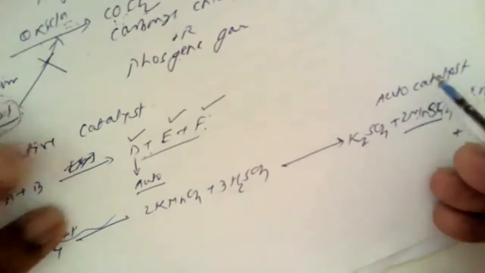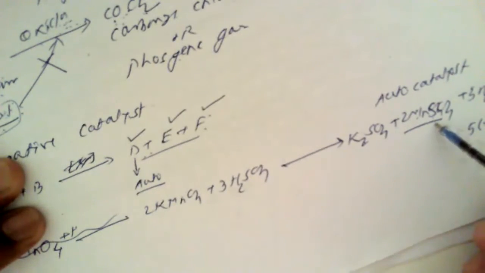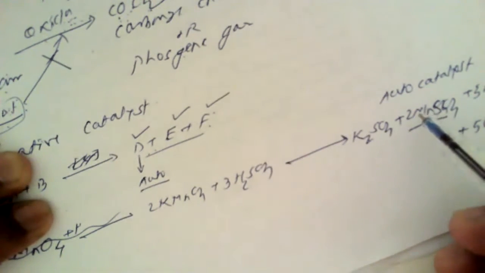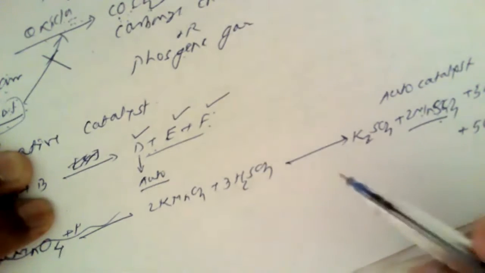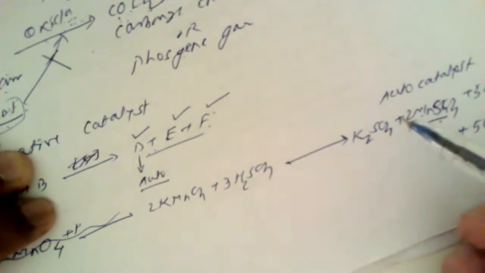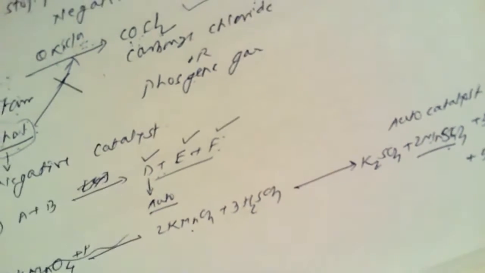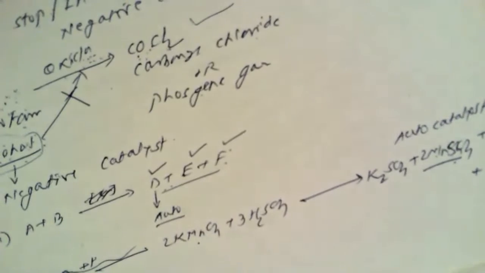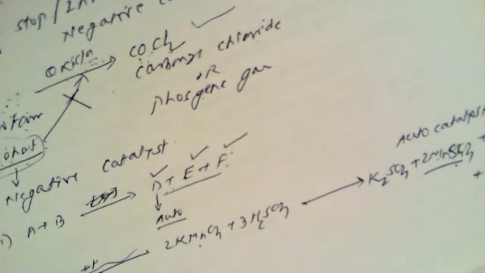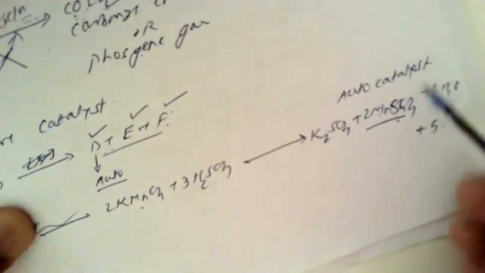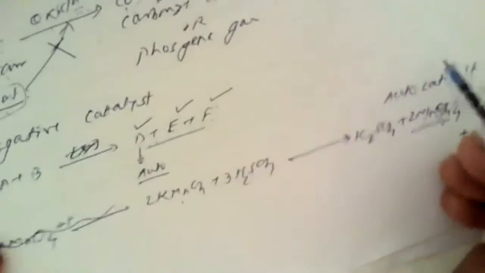So initially, before the formation of this substance as an autocatalyst, the reaction was very slow. But as the reaction proceeds further, the Mn2+ ions combine with the SO4 ions from sulfuric acid to form MnSO4, which acts as an autocatalyst.